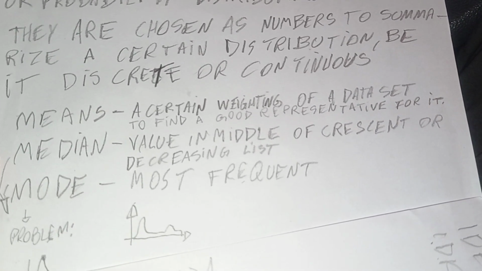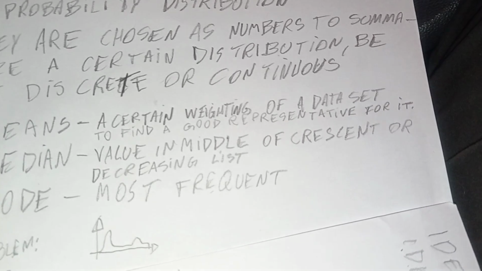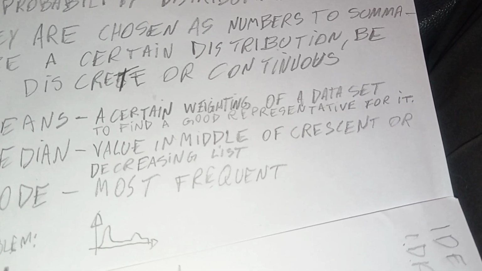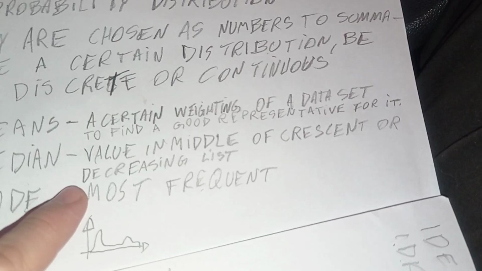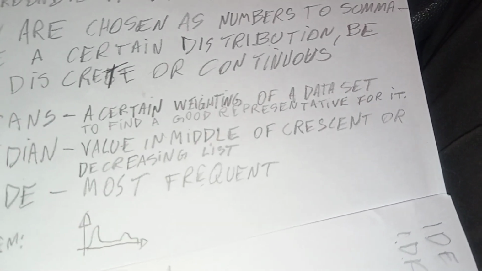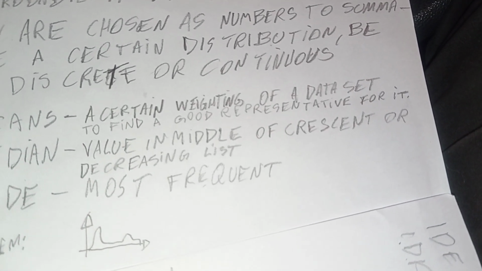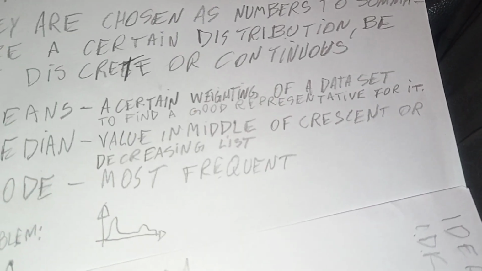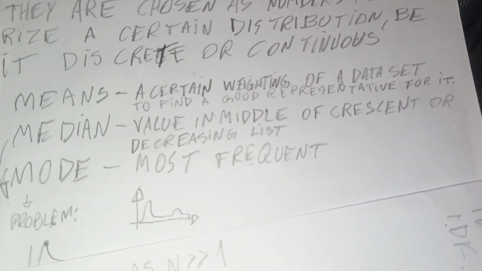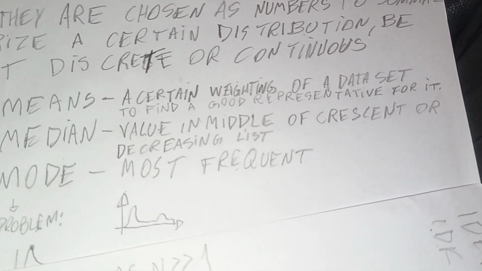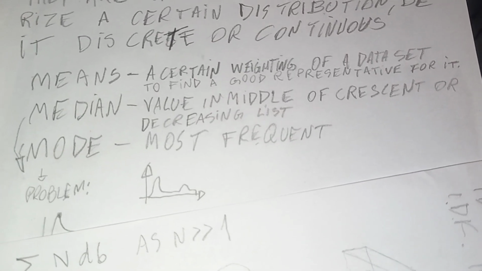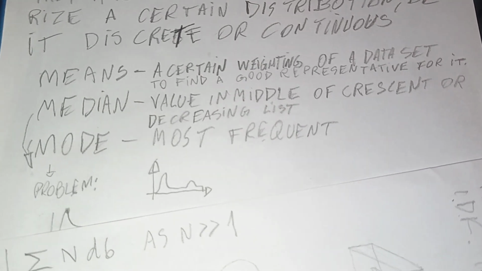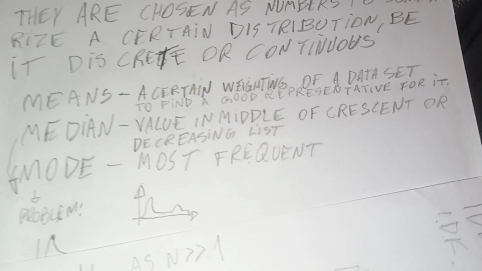There's also the median, that's the value in the middle of an increasing or decreasing list of values. This is valid both in the discrete and continuous understanding of median. There's a very slight difference between both things, but we're not covering this today because we're not talking about medians today.